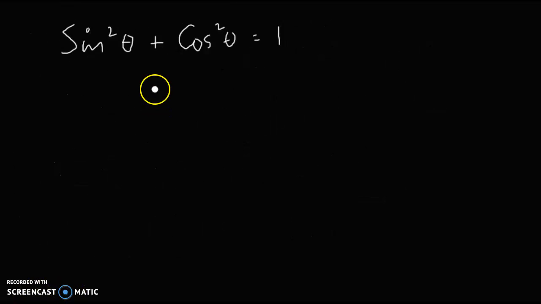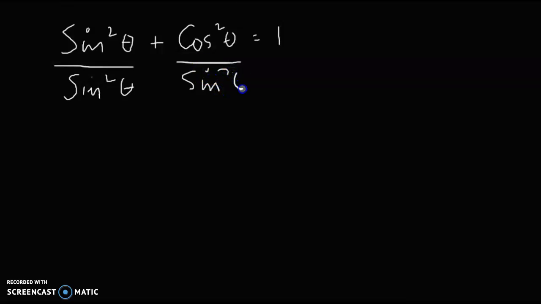Okay, let's see how the second identity comes. We put sine square theta under all this. Sine square theta and sine square theta will cancel, so it will become 1 plus cos square theta upon sine square theta.